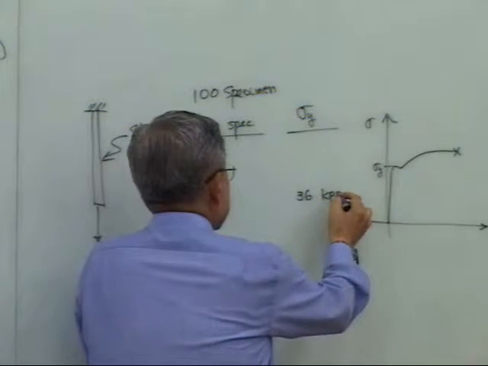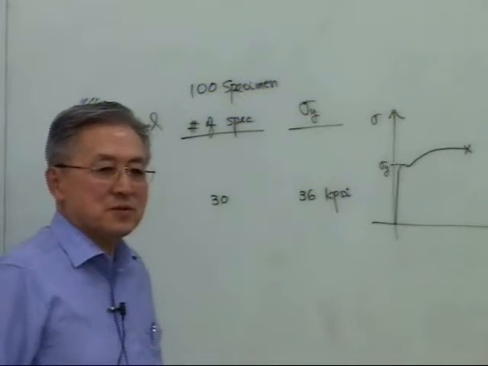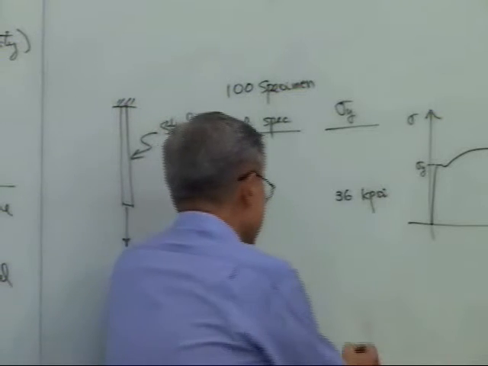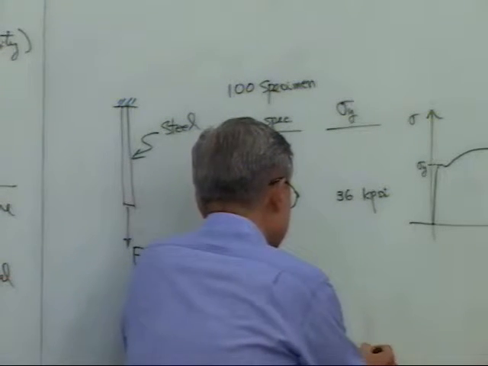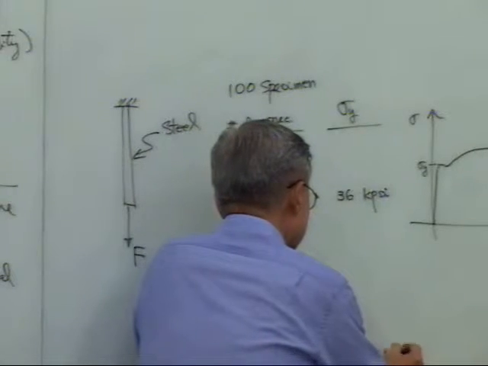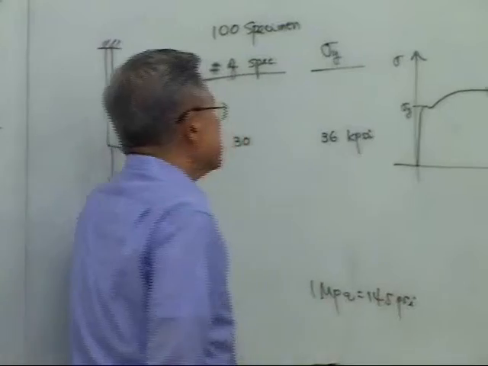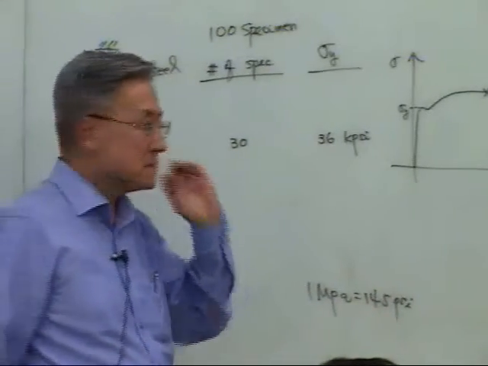I'm sorry, I'm using the English gravitational unit, but you can use metric systems, and 1 megapascal is about 145 psi. KPK is 1,000.